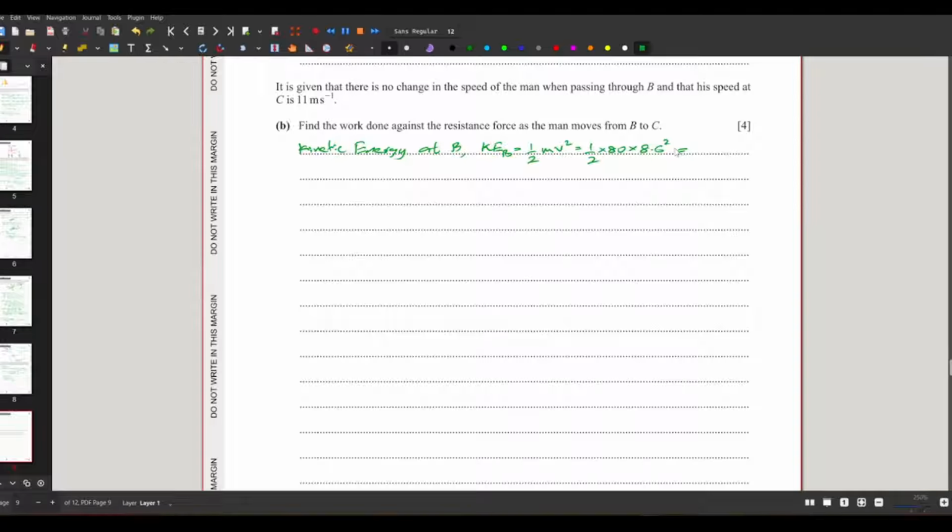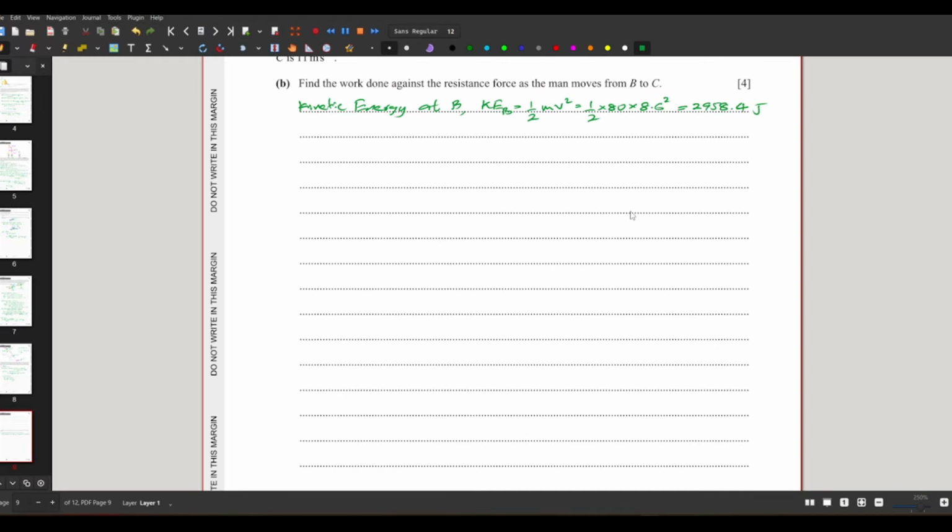So you will receive 2958.4 joules. So here we will receive just 0.4. That's why I get it. In case you receive more decimal places than that, then you shouldn't simplify it. You have to use it as it is for your final answer.